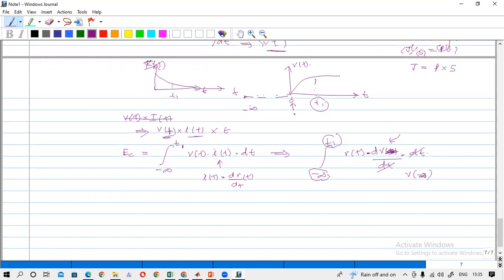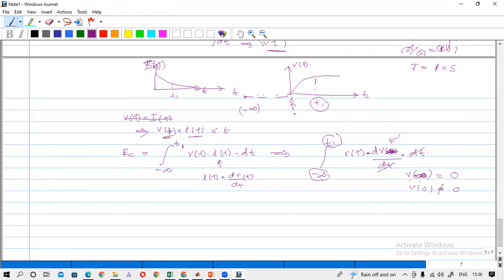Minus infinity means the beginning, so it is the initial. At that time there is no voltage, so at minus infinity the voltage is 0, definitely. But at time 0, we can't say that it equals 0, because there may be some charge.